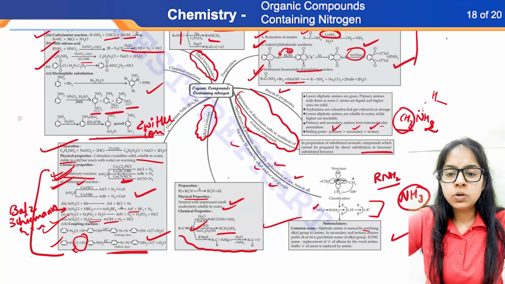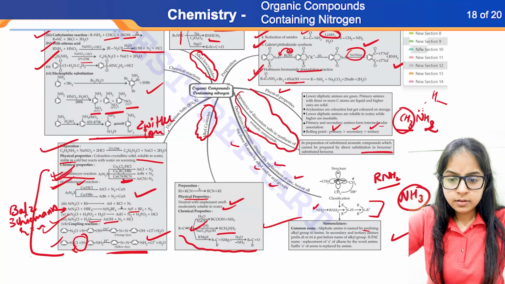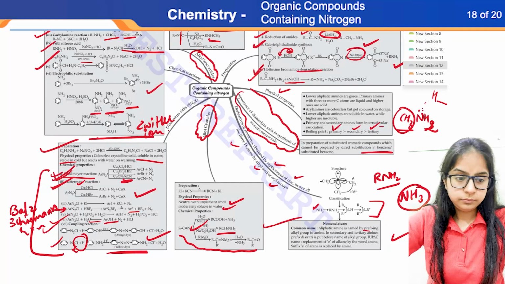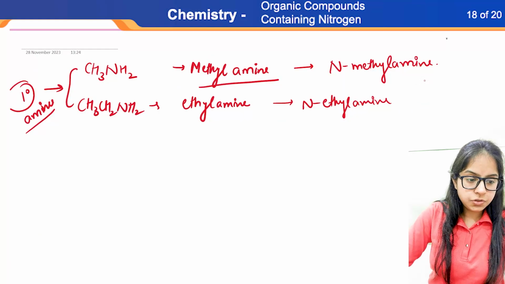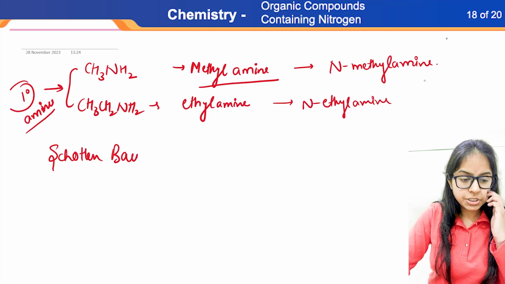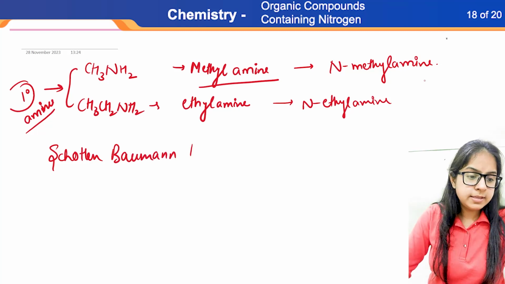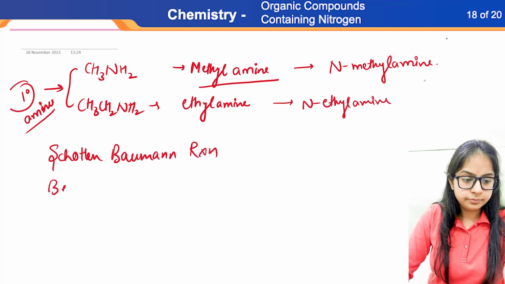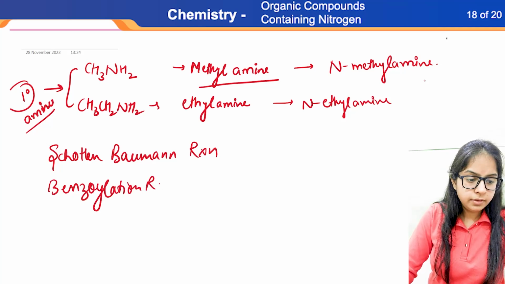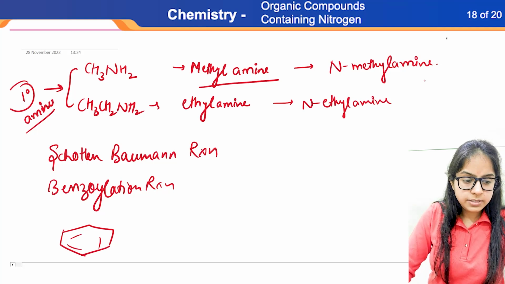One reaction, Schotten-Baumann reaction is there. Schotten-Baumann reaction. This is benzoylation reaction. Okay. So we have this one, NH2.